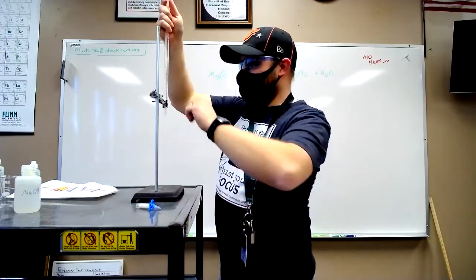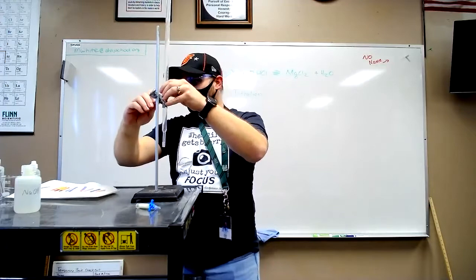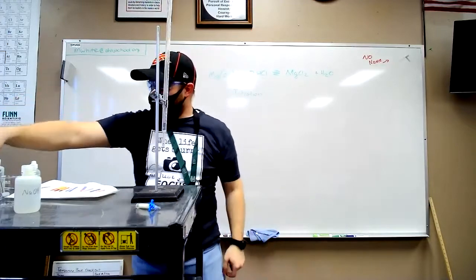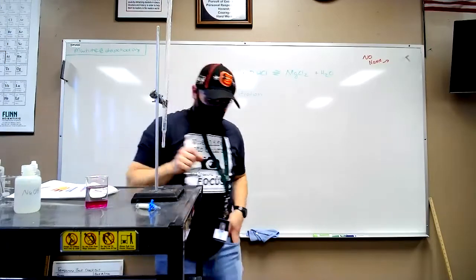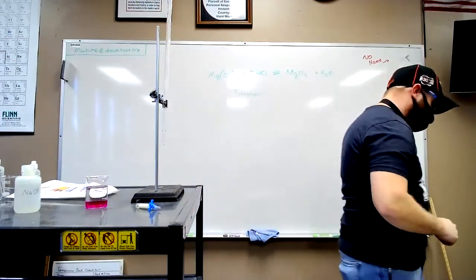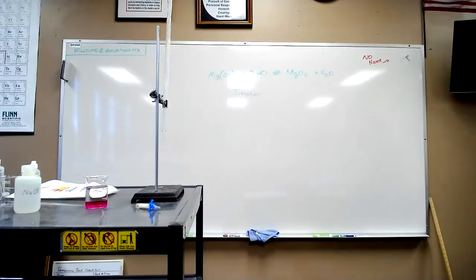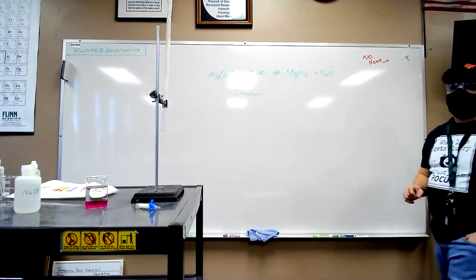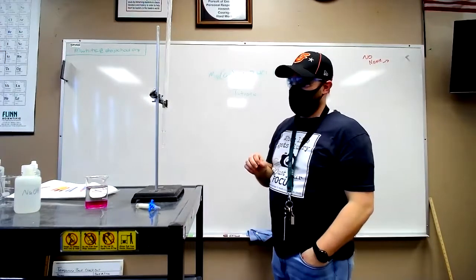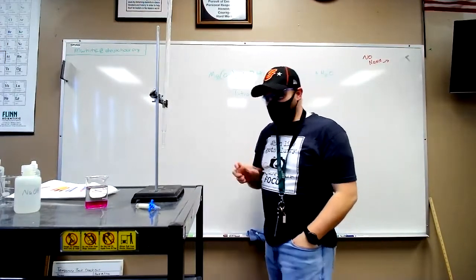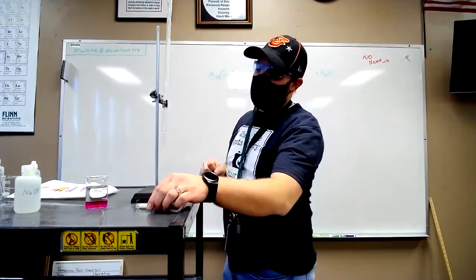Towards the end, when you're getting close, you'll notice that sometimes it looks pink, but then all that pink goes away. That means you're getting really close to the end point. And at that point, you really want to try and go as slow as possible to get accurate results.